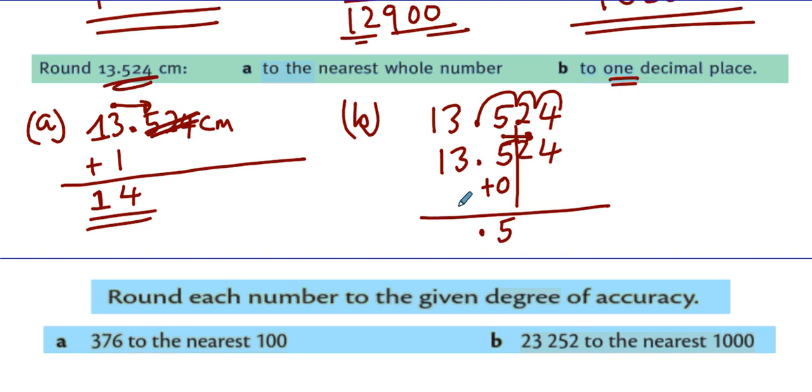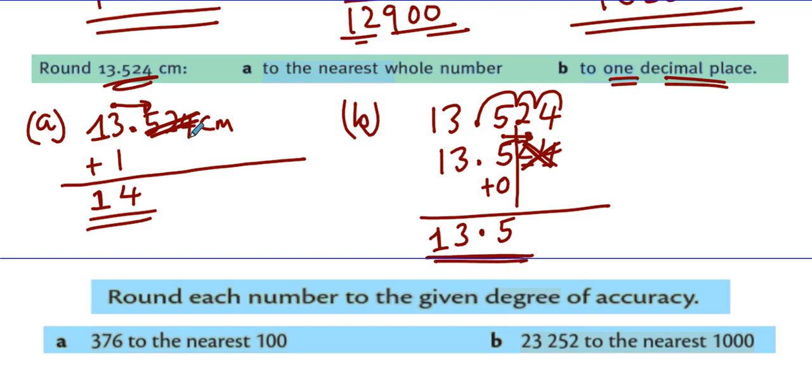Put a decimal point, then 3, then 1. So how about the 2 and the 4 remaining? For decimal places, the 2 and 4 remaining, we are cancelling them out, and the final answer becomes 13.5.